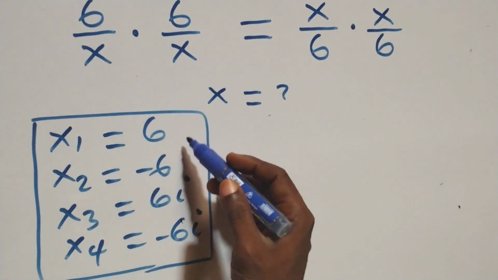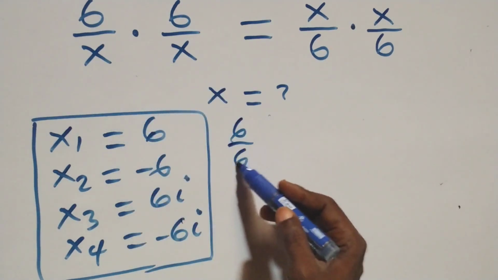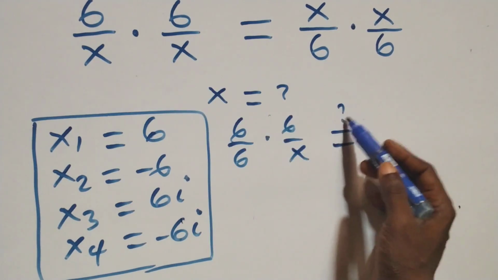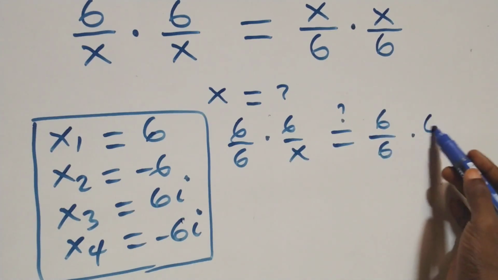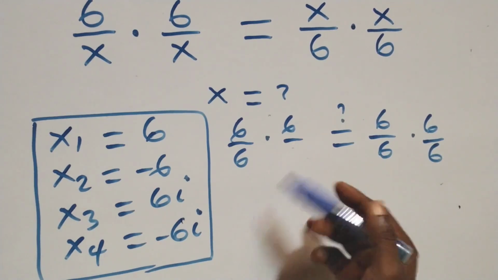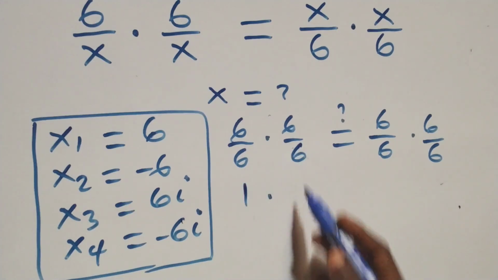And the first one, x equals 6. This becomes 6 over 6 times 6 over 6, is it equal to, also here, 6 over 6 times 6 over 6. And 6 over 6 here is the same thing as 1, times also 6 over 6, that's 1.